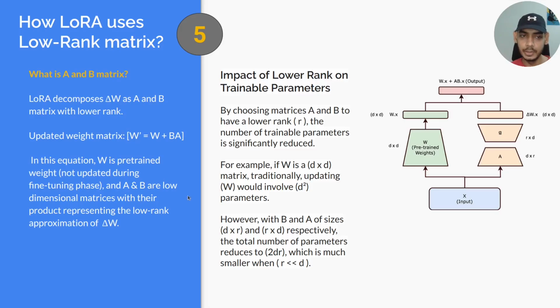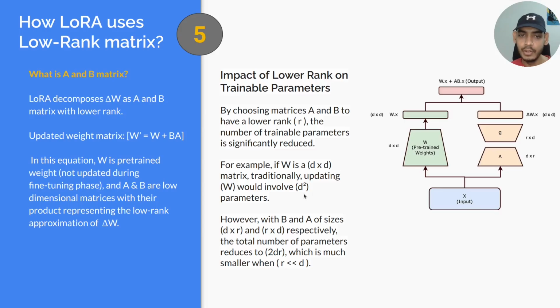This will overall give you the weight update at the end. To understand one more thing, the impact of low rank on trainable parameters: W is D cross D, so when you do a fine tuning job without LoRA, you have to update D square parameters.